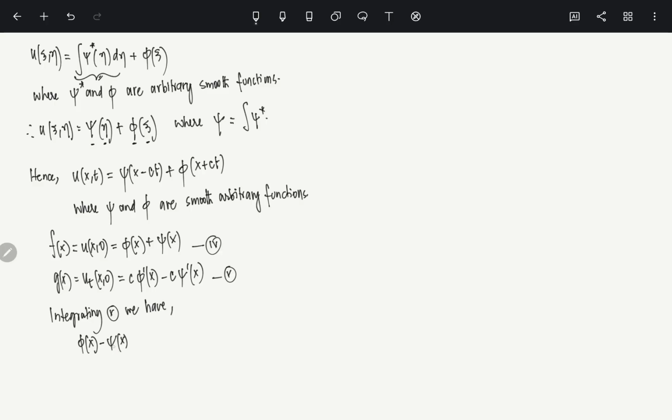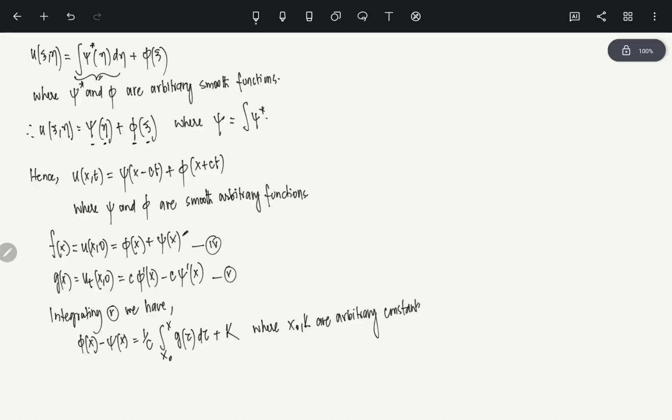This particular form looks like 1 by c times the integral from x naught to x of g of tau d tau plus some constant k, where x naught and k are arbitrary constants. You will get it. This is just an integration.